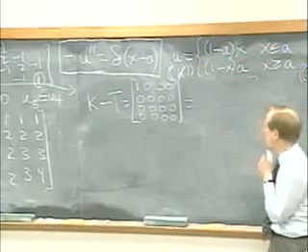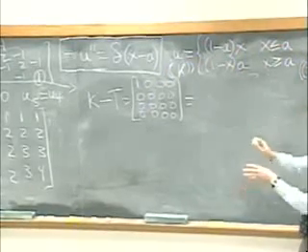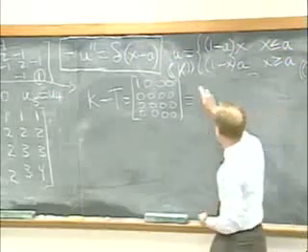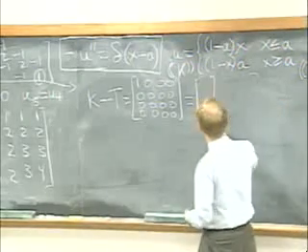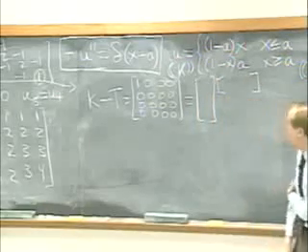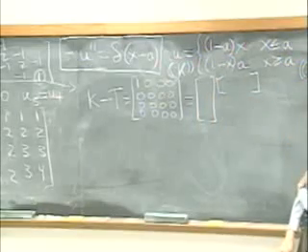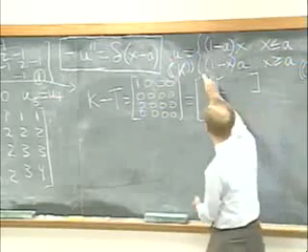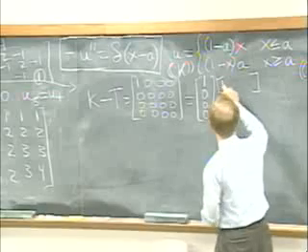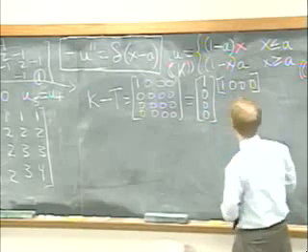And you can see what column times what row would produce that matrix. What shall I do for the column and what for the row? It's just 1 in the first place: 1, 0, 0, 0, and 1, 0, 0, 0.